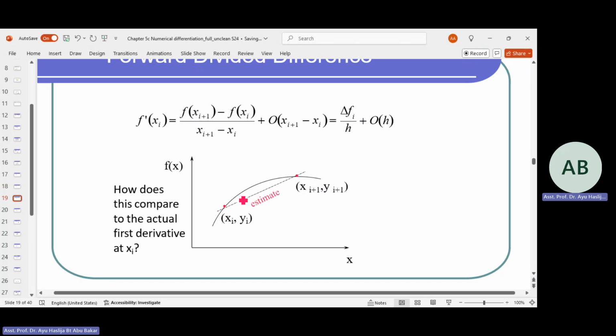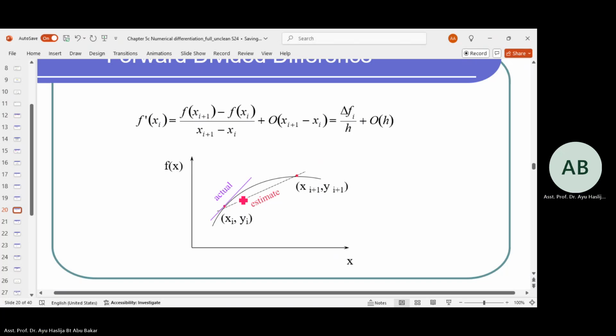Okay, so that is your estimation of the dy dx, which is the f prime x. Okay, that is the estimation, whereby the actual is this part. The actual, the slope that falls on the point. Okay, this is the actual. This is the estimation value. Okay, forward, 1 point forward.